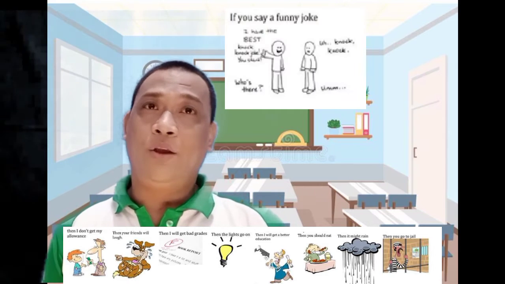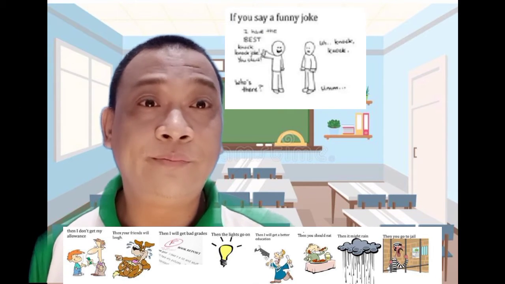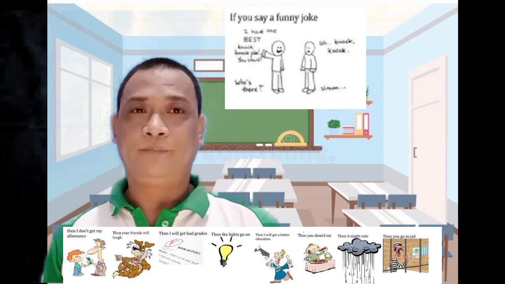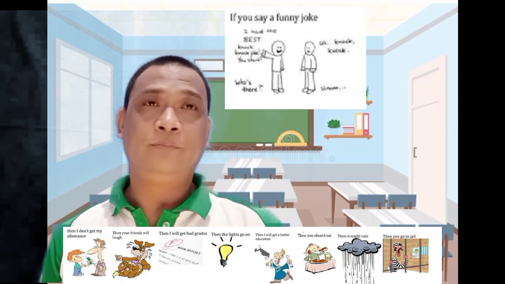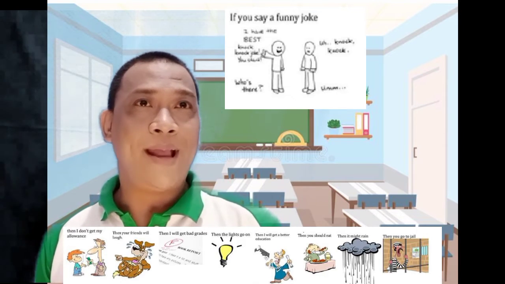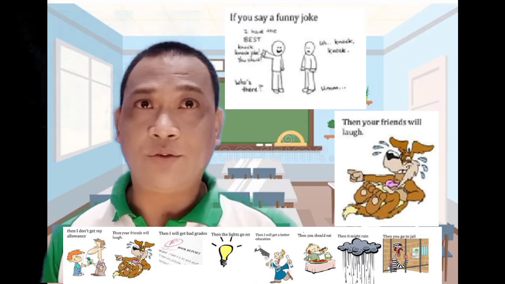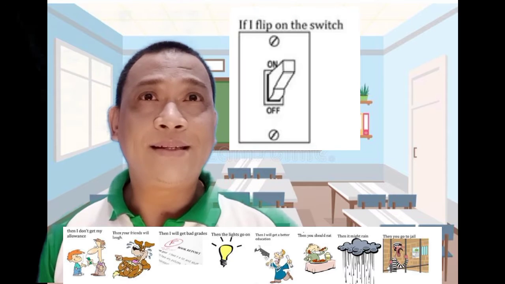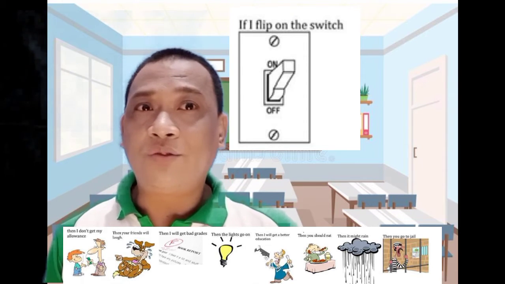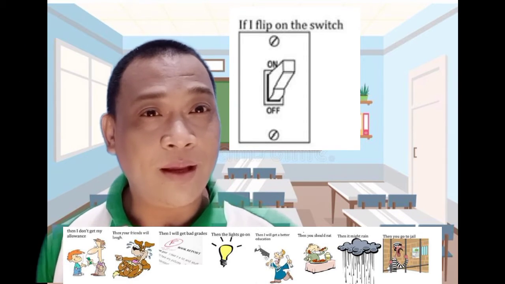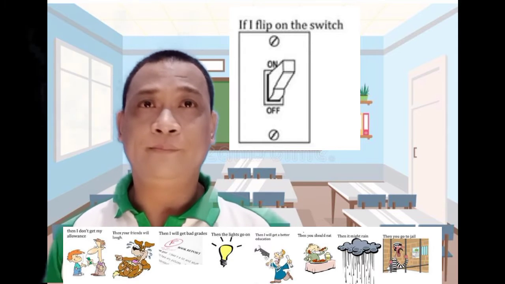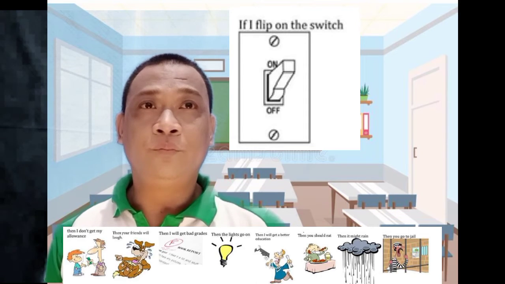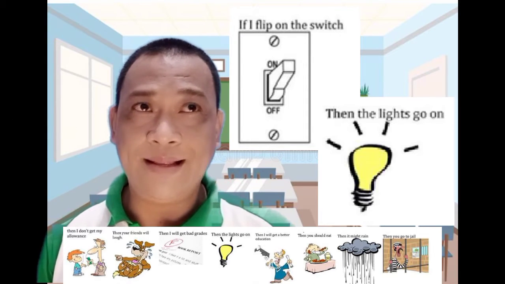Next, if you say a funny joke, what could be your conclusion? Correct. Then your friends will laugh. Next, if I flip on the switch, what could be your conclusion? Correct. Then the lights go on.